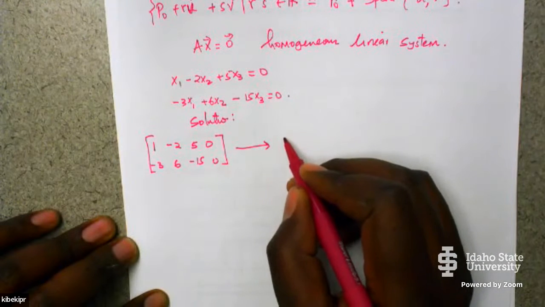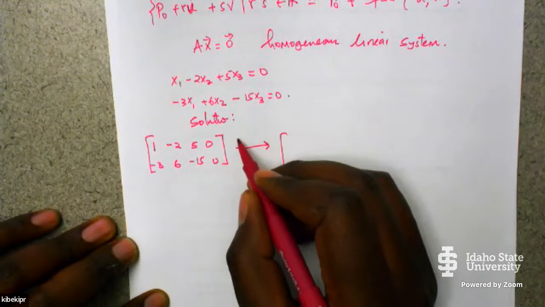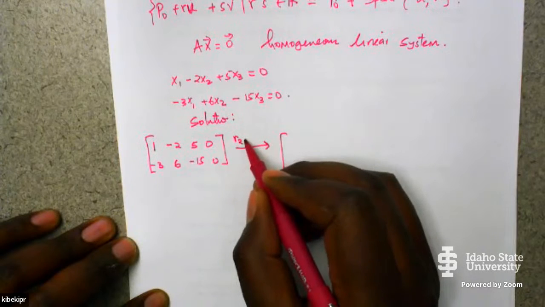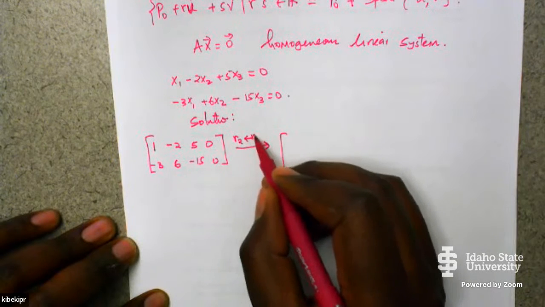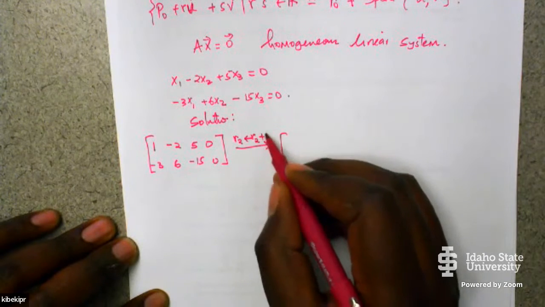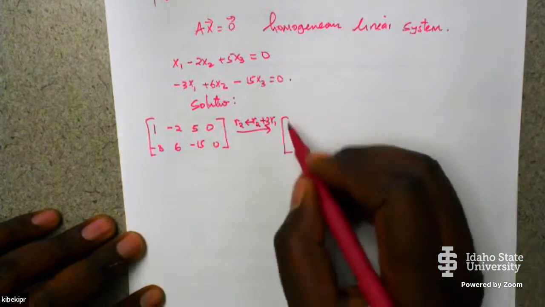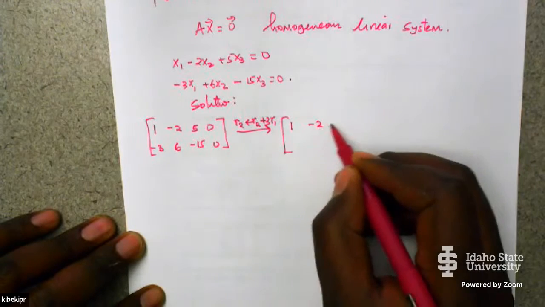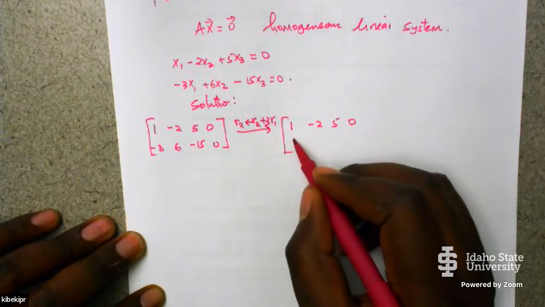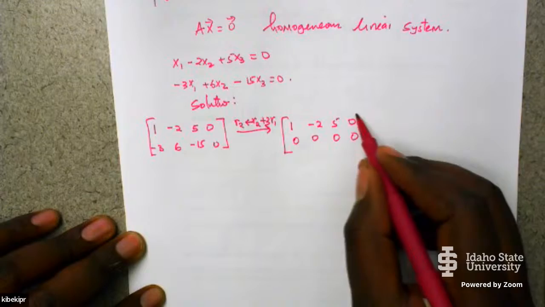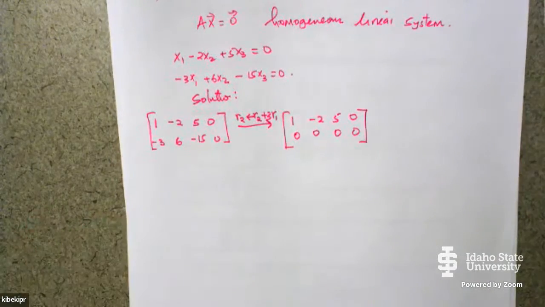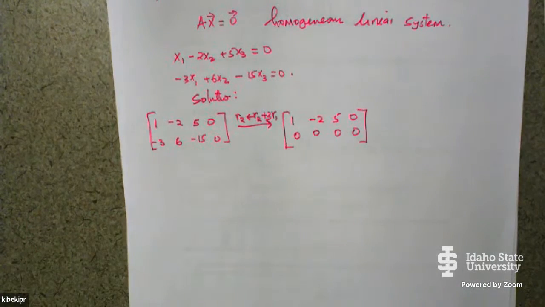When we reduce this, R2 becomes R2 plus 3R1, and we get 1, -2, 5, and 0, and then 0, 0, 0, and 0.